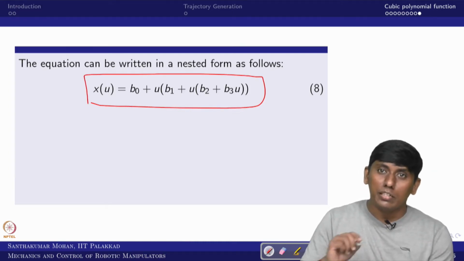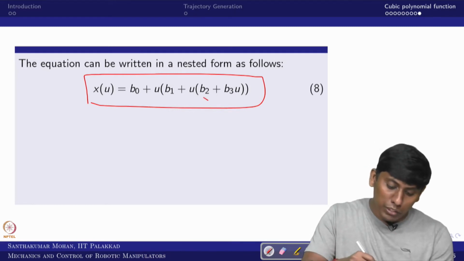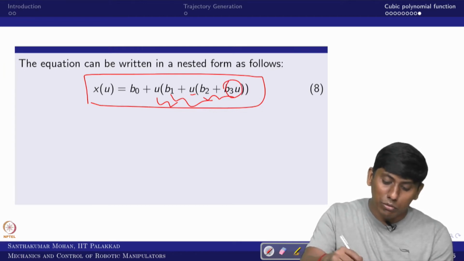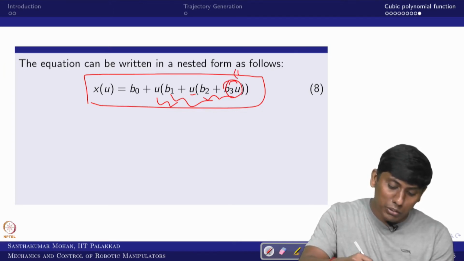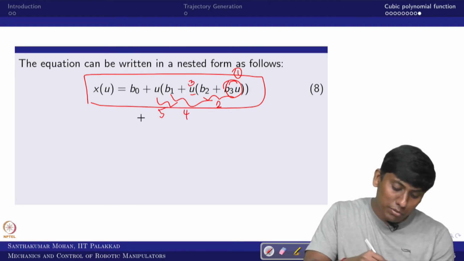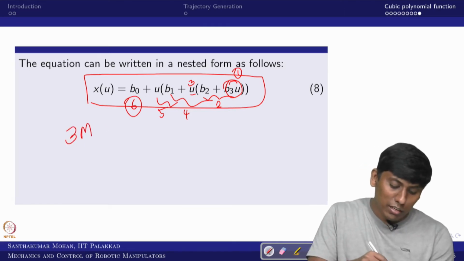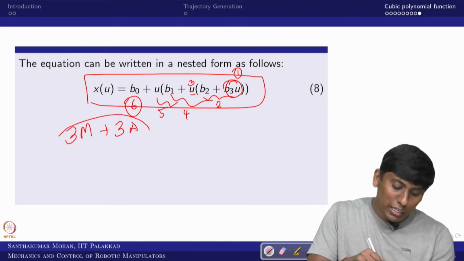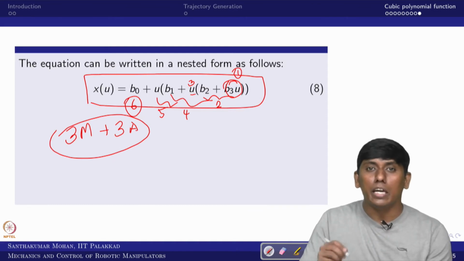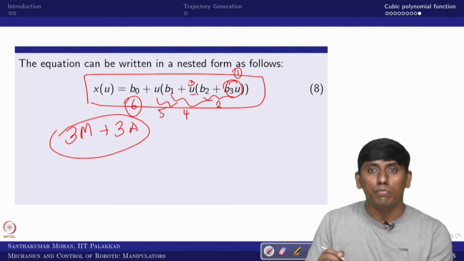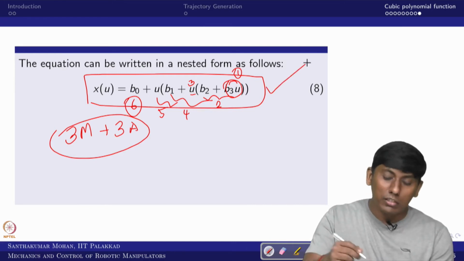In this nested form, you see first an addition, then a multiplication, then addition, another multiplication. First you multiply this operator, then the second, the third, the fourth, fifth and sixth. So there are only 3 multiplications and 3 additions, which makes it easy to compute the equations in real time. From the computational point of view, it is very easy. That's why we are using the nested form.